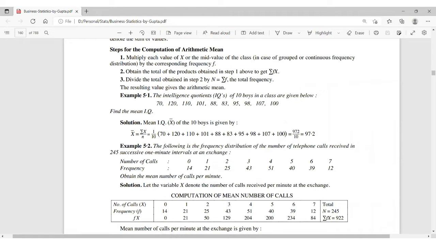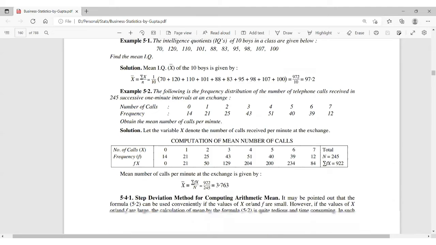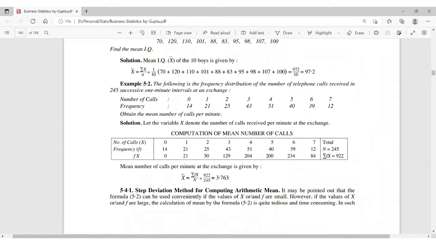Okay. Now in the second example, the following is the frequency distribution of the number of telephone calls received in 244 successive 1-minute intervals at an exchange. Obtain the mean number of calls per minute.